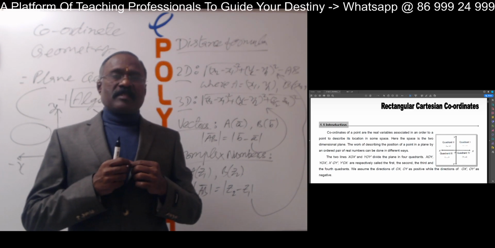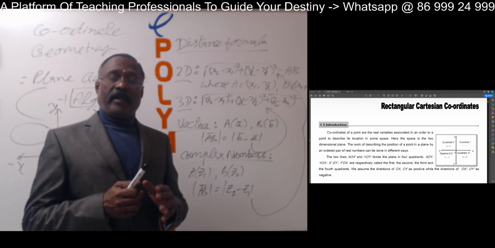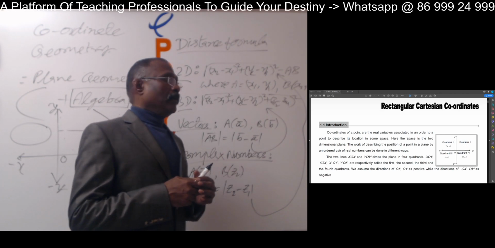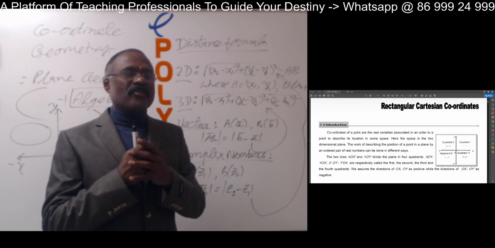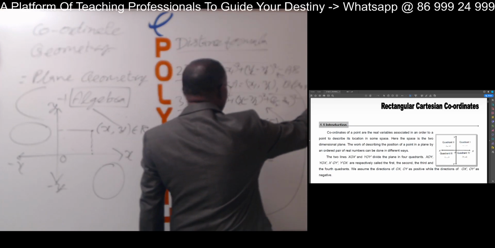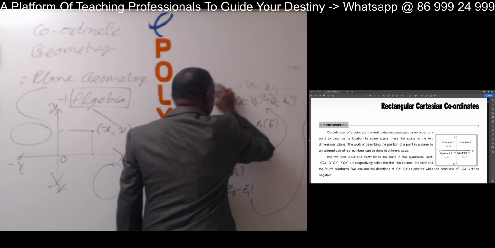After discussing the distance formula, we will be understanding the nature of the points on the plane. What I mean to say by that, and how they are useful in the objectives.